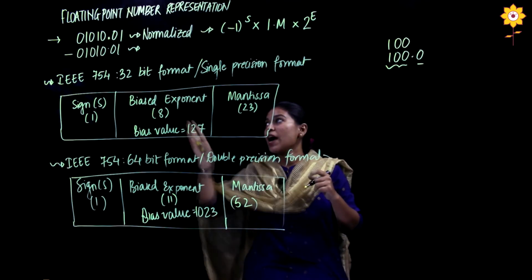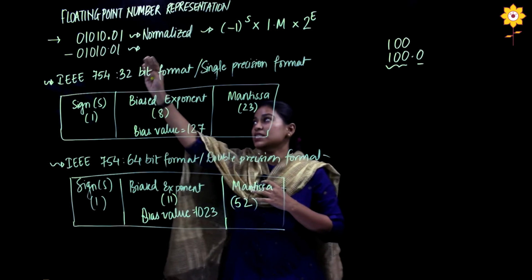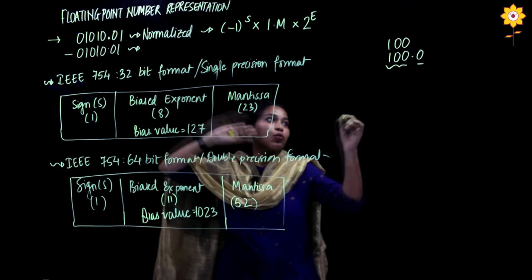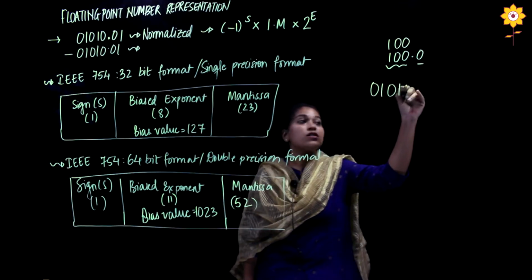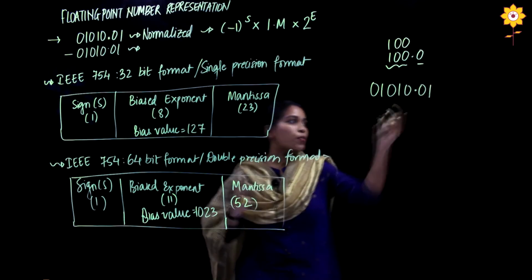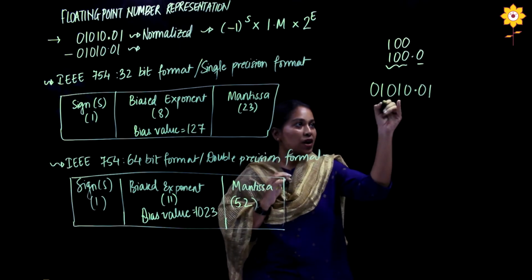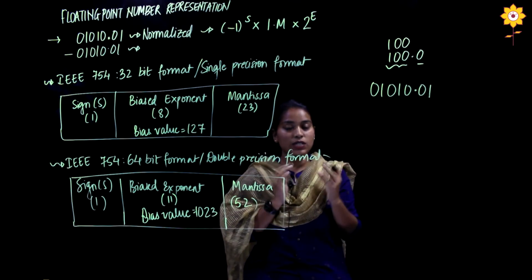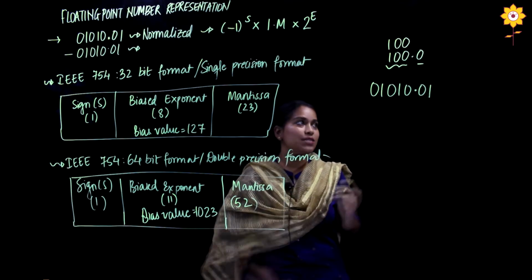So basically, if we have a number over here, what normalization means is that we try to move the decimal point. For example, if we have this number 10.01, normalization means we bring the decimal point to a particular position. What position? Wherever, from the MSB side, we find the very first one, after that we put the decimal point.